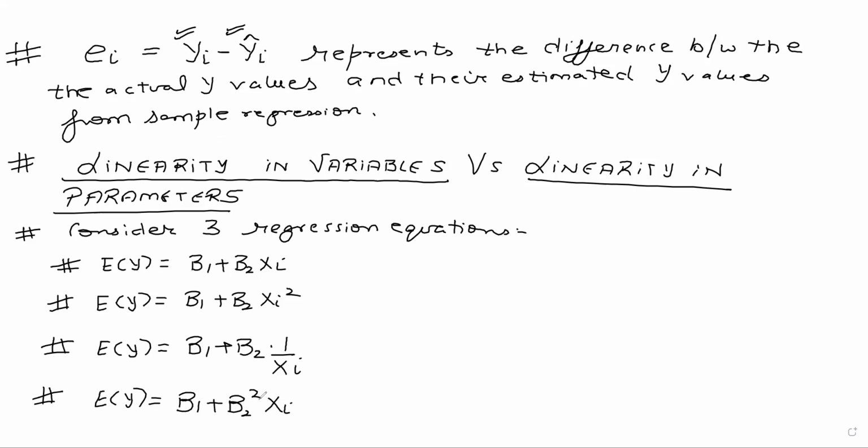Now guys, if you look at the first equation, it is linear in variable. When I say linear in variable, it means linear in the xi. When I say linear in parameters, it means linear in capital B1 and capital B2. So all of you should know this.